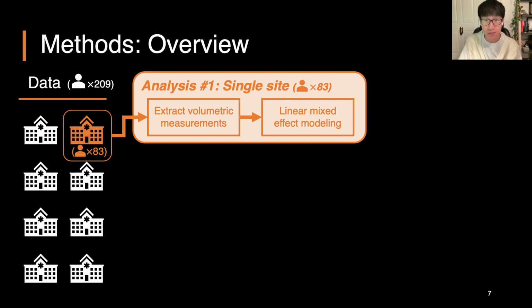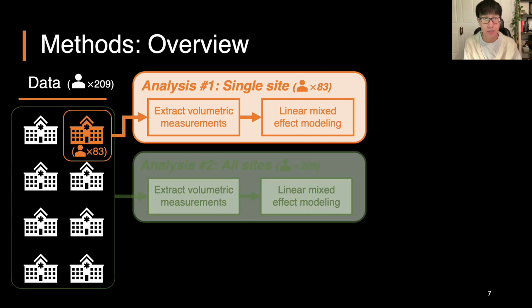And in this analysis, we first extract volumetric measurements of every subject, and then we fit linear mixed effect models to these volumetric measurements to study the statistical relationship between cortical gray matter volume and age.